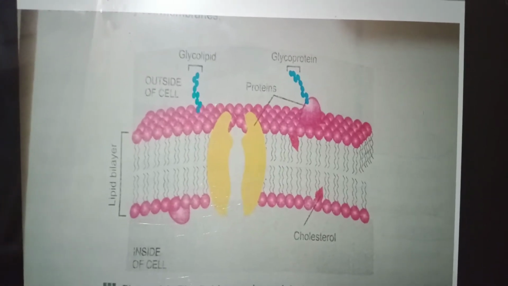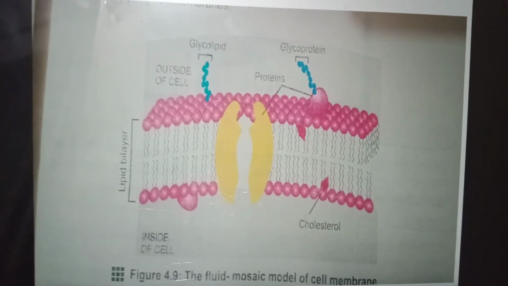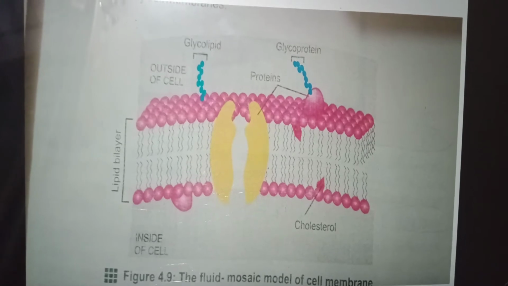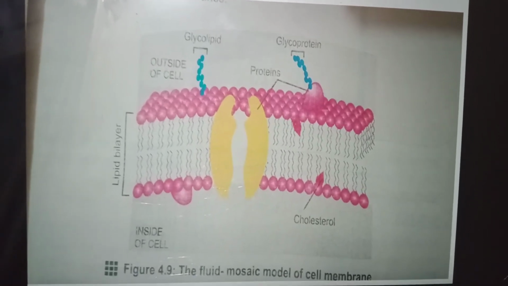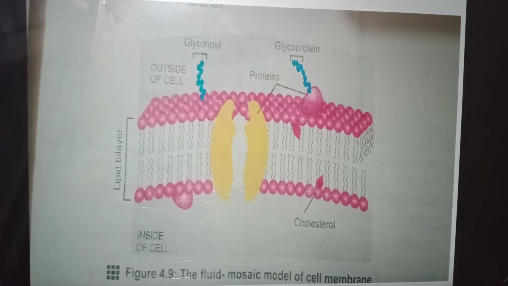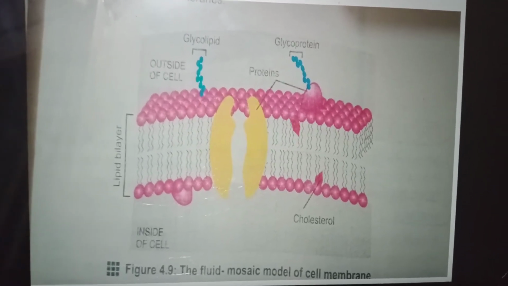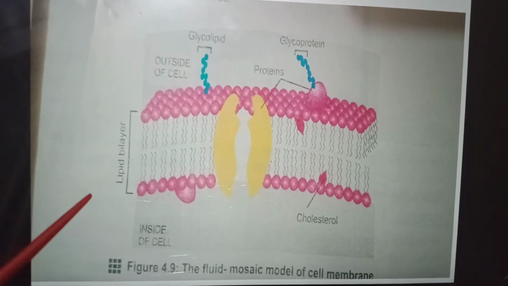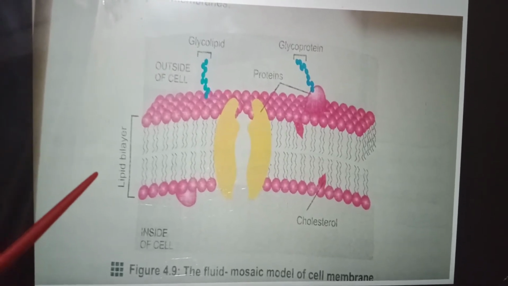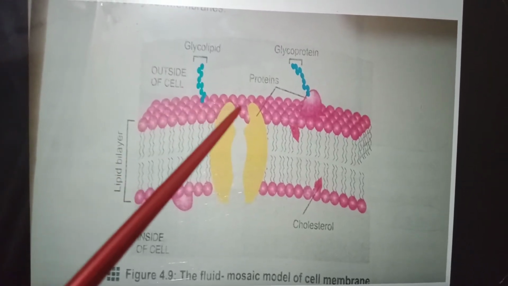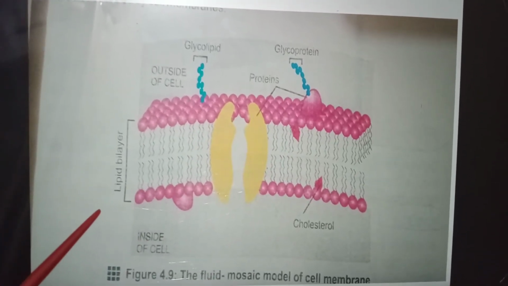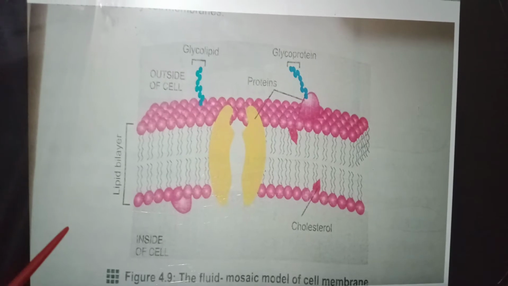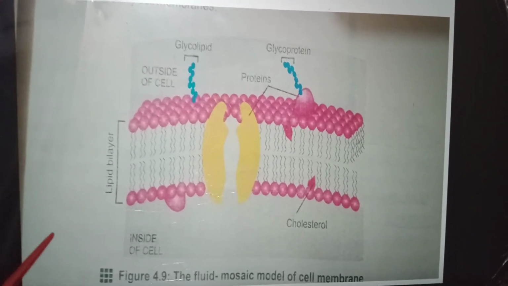Electron microscopic examinations of the cell membrane have led to the development of the fluid mosaic model of the cell membrane. According to this model, there is a lipid bilayer, which is here, in which the protein molecules are embedded. This lipid bilayer gives fluidity and elasticity to the membrane.